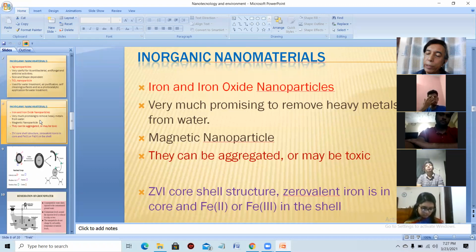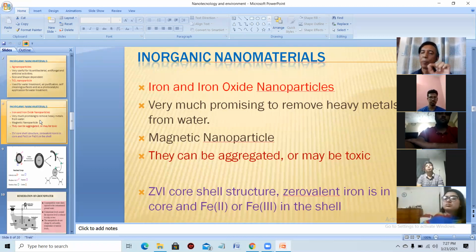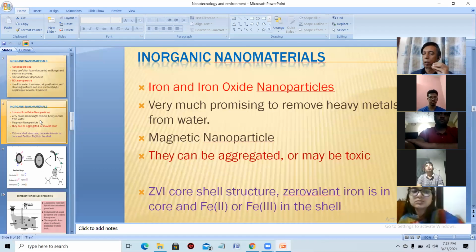What is the advantage of magnetic properties? Say, for example, you have given some iron nanoparticle in the water solution, and this iron nanoparticle has absorbed some heavy metal in its body.